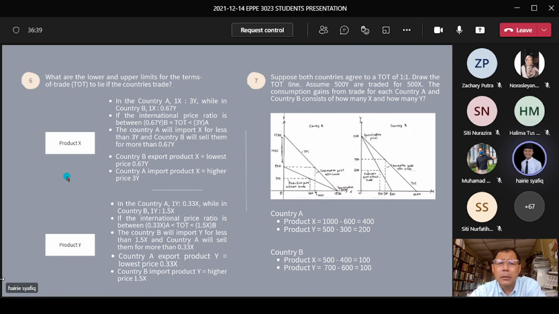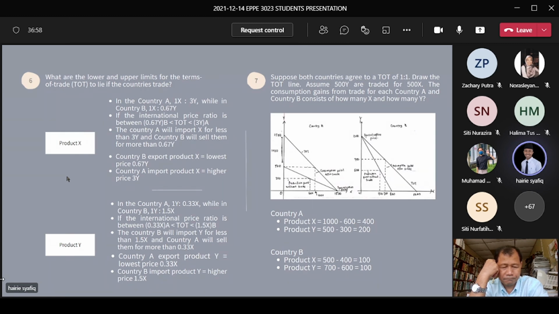Okay, I will continue to the question. What are the lower and upper limits for the terms of trade (TOT) to lie if the countries trade? For product X, in country A, 1X is equal to 3Y, while in country B, 1X is equal to 0.67Y.